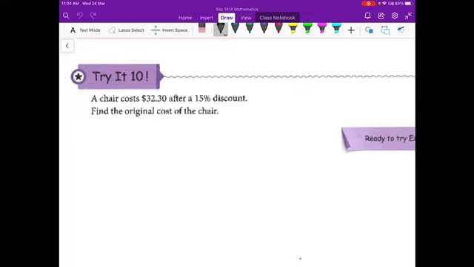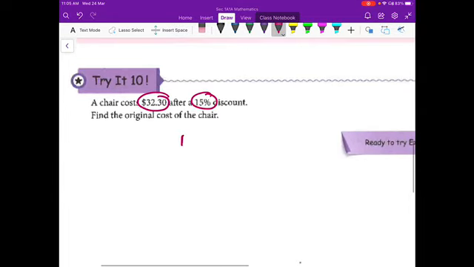Okay, so my question to you is, are these two the same things? Can I say that 15% represents $32.30? Is 15% representing $32.30?